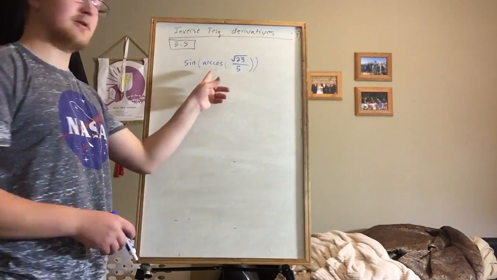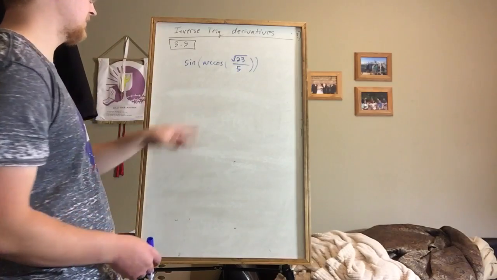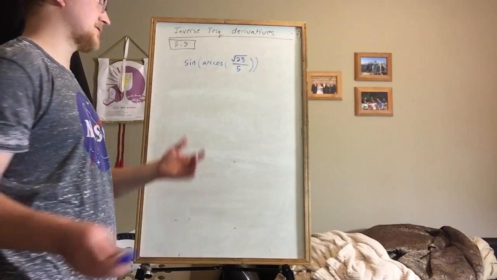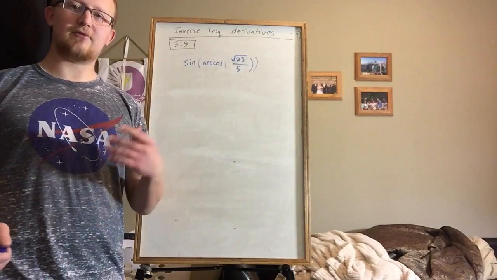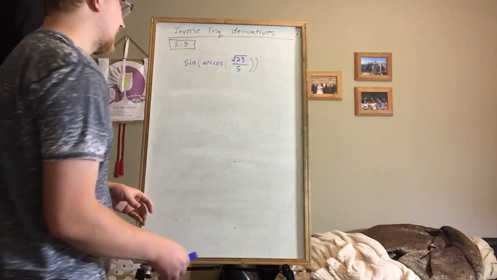So, how do we deal with these arc functions inside of other trigonometric functions? Well, the first thing to remember is SOHCAHTOA, because sine, cosine, tangent, and every other trigonometric function is a ratio of sides of a right triangle.